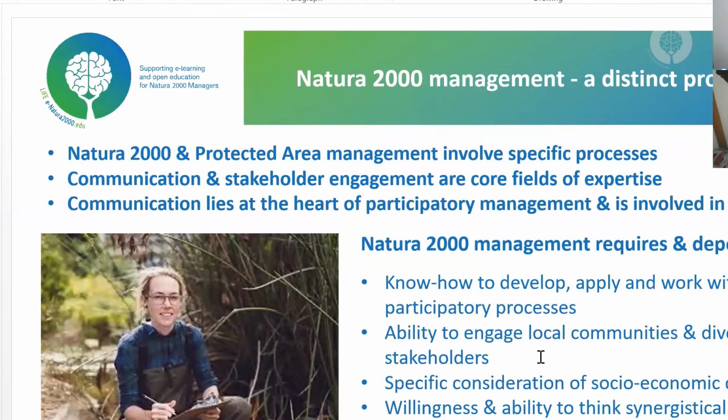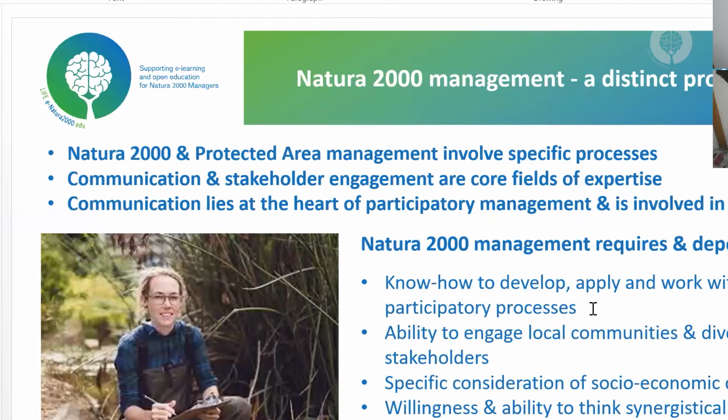So what does this mean? Is there, I wonder, and I hope we're all going to realize after we've completed this course, a key to unlocking these different challenges, to think of not what makes our working lives different, but what makes our working lives common. What features of our working lives do we have in common? And the question is then, can we think of Natura 2000 management and protected area management as a distinct profession?